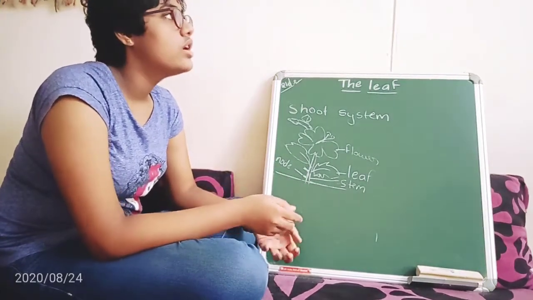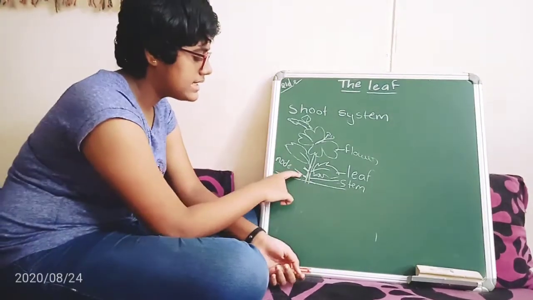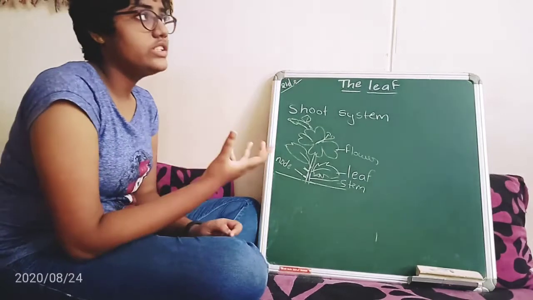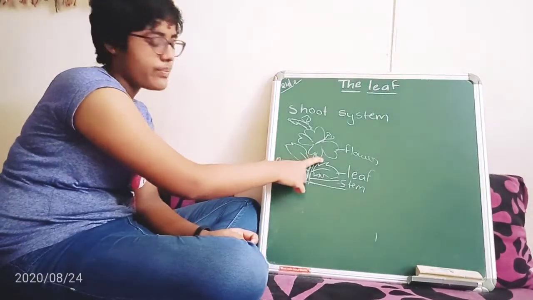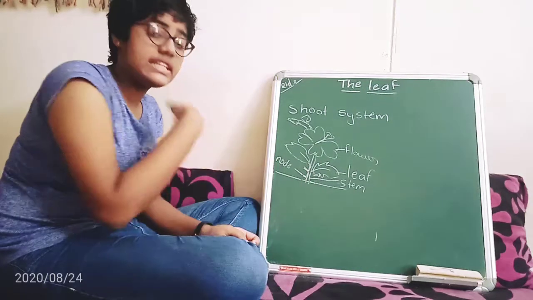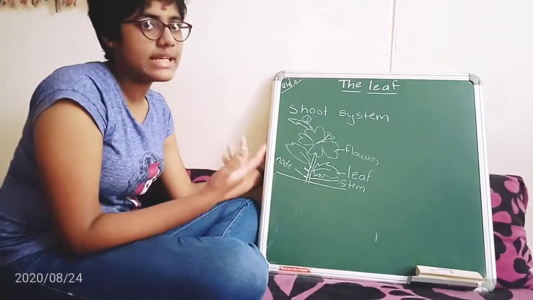We don't know whether a flower or a leaf will arise. From the bud the flower will arise, and from these nodes either a flower or a leaf will arise. We don't know, it's suspense for us.